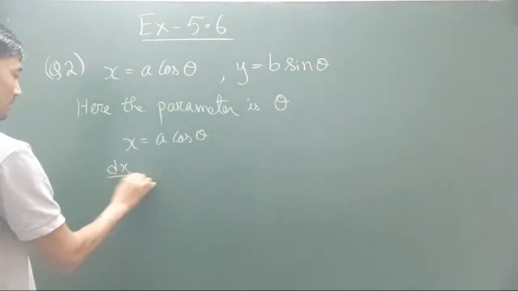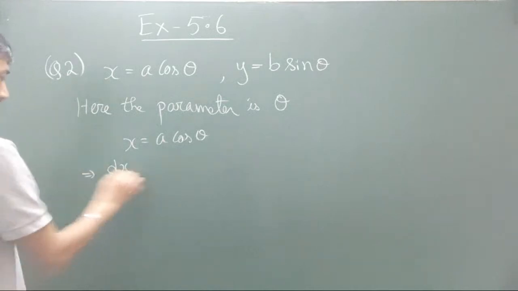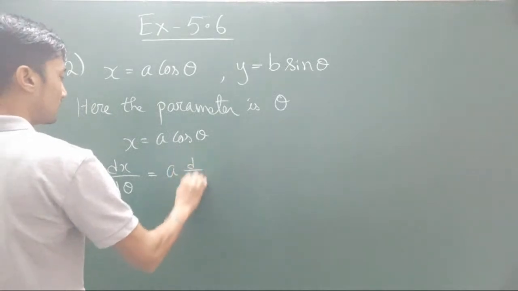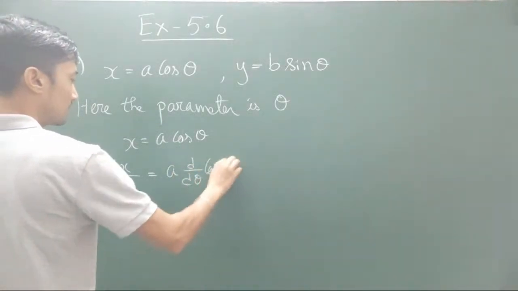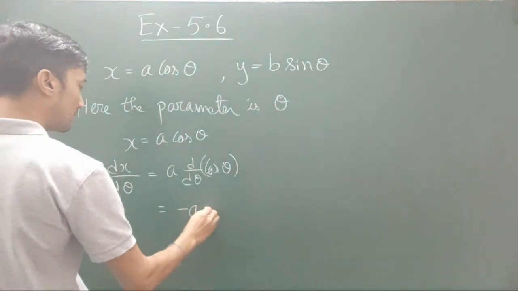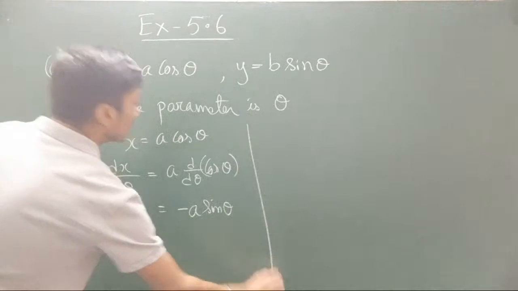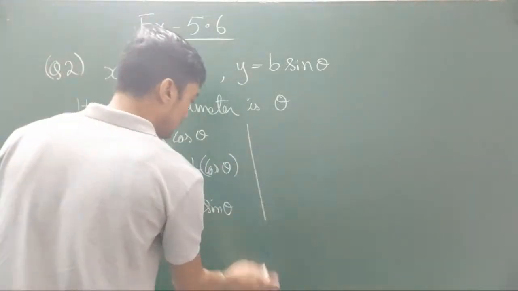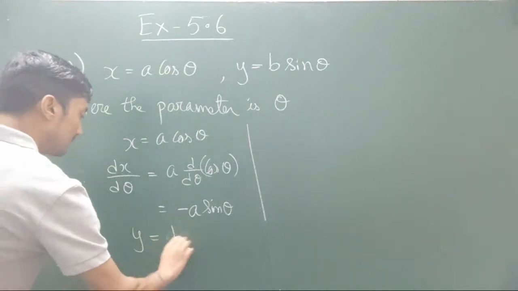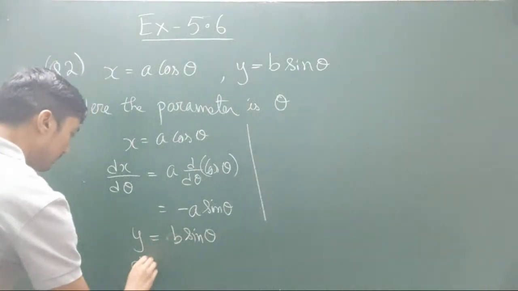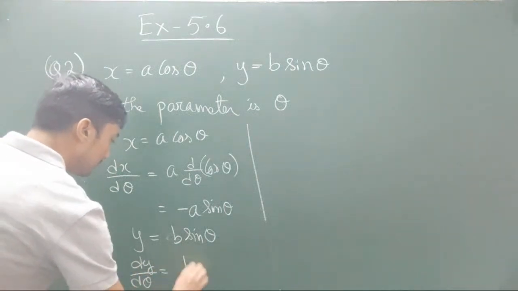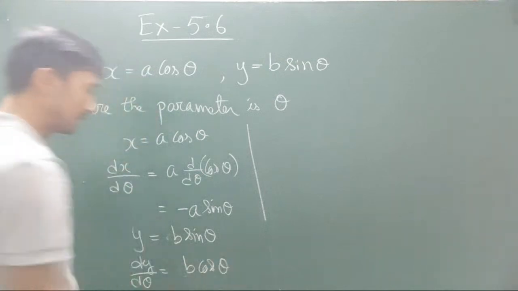So differentiating both sides with respect to theta, a is a constant. You differentiate cos theta, and I'll just write directly, we have minus a sin theta. Then I'm just going to continue here itself. y is b sin theta. If we differentiate this with respect to theta, you will have b cos theta.